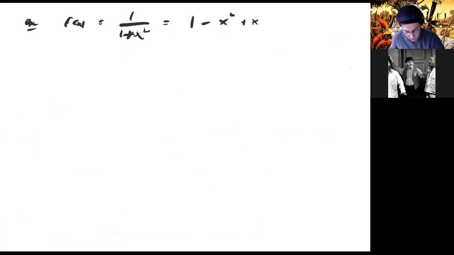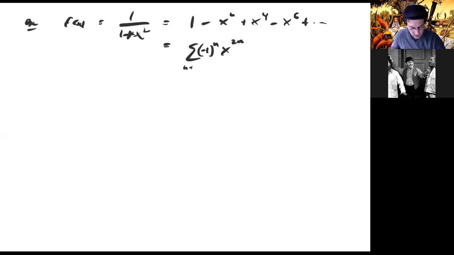So let's consider the following thing. Let's consider f of x equals 1 over 1 plus x squared. So this is a geometric series, 1 minus x squared plus x to the 4th minus x to the 6th, and so on, which is the sum of minus 1 to the n, x to the 2n-th power, n going from 0 to infinity.